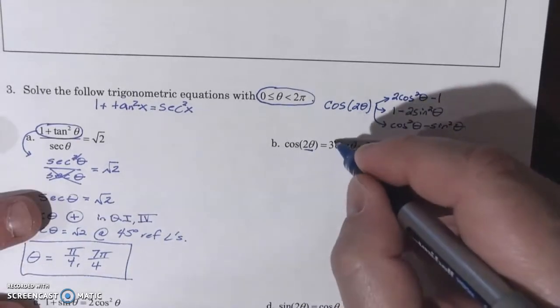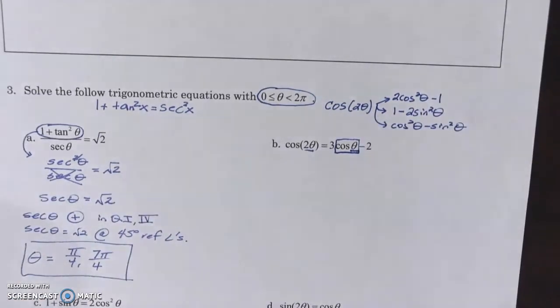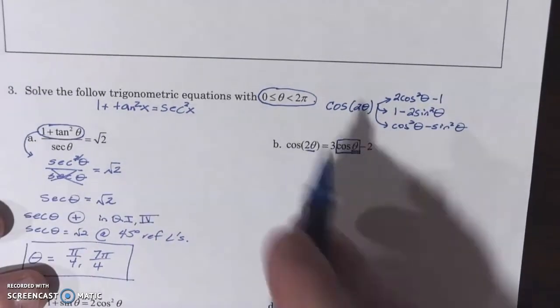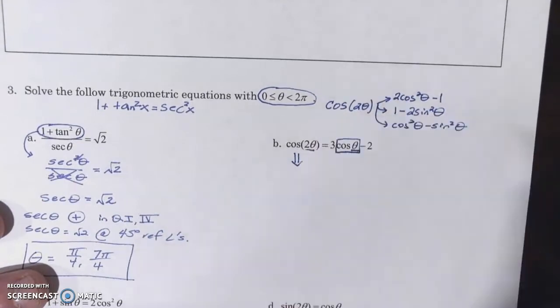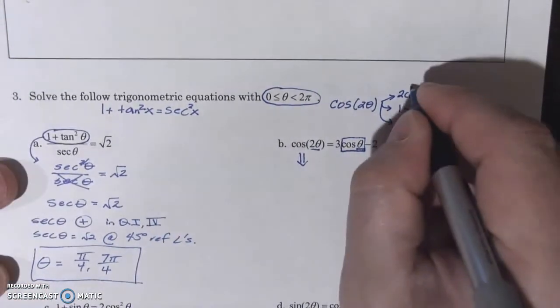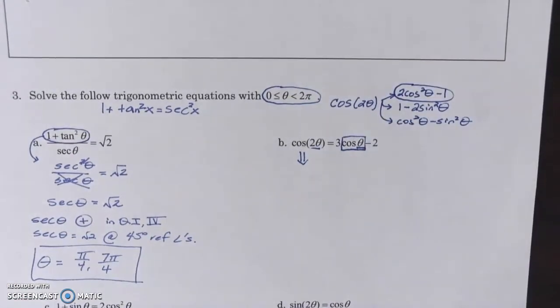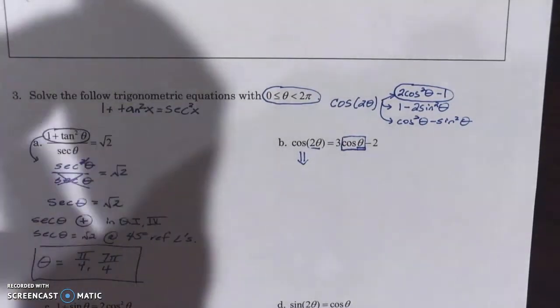Let's look at the other side. I have a cosine theta here. The ideal situation for me is that the result of using this identity will be that there are only cosines left as well. So let's choose to use that option of our double angle identities. That way, we'll only have cosines left, and more importantly, we'll only have cosine thetas left.